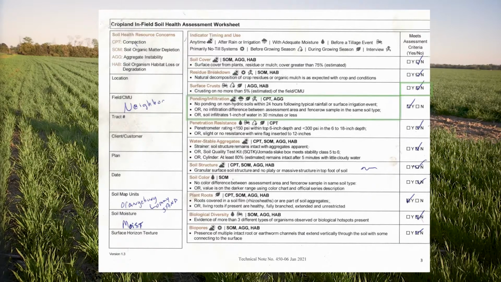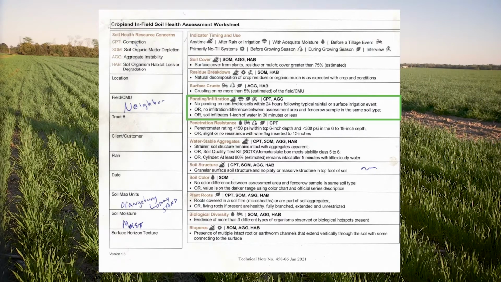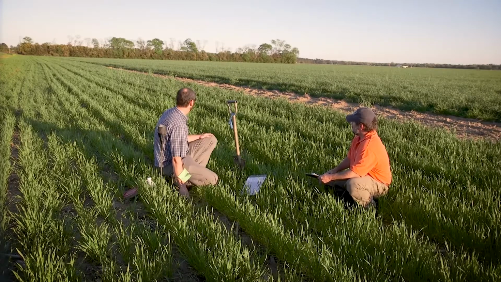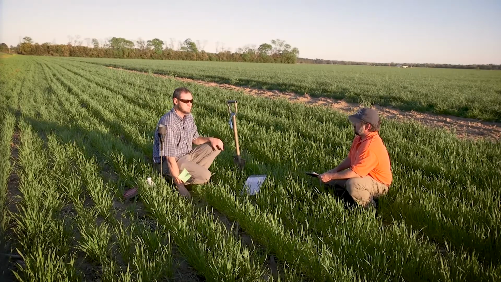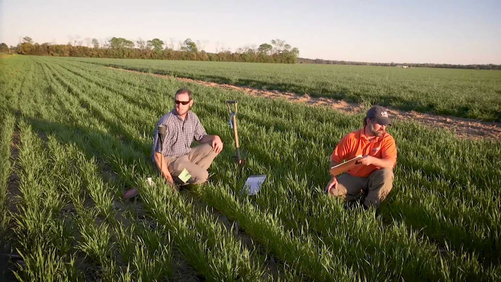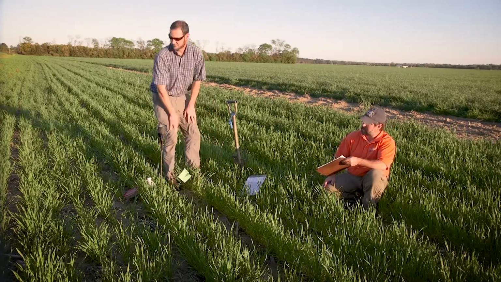Ponding or infiltration, that indicator: no ponding on non-hydric soils within 24 hours. With that same rainfall event, this field is relatively flat. We don't see any evidence of ponding, and it's pretty sandy soil too.